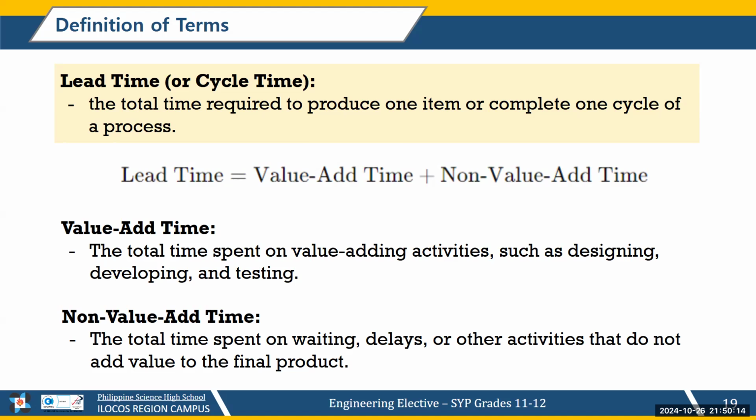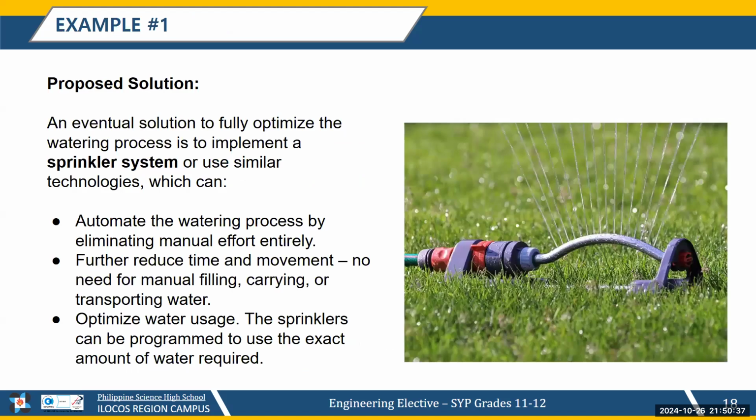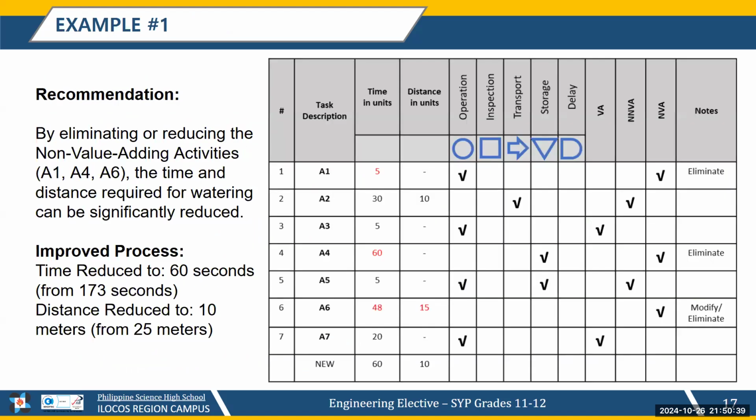So obviously, the value add time represents the total time spent on value adding activities. And the non-value add time represents the total time spent on waiting, spent on delays, or other activities that are considered waste.